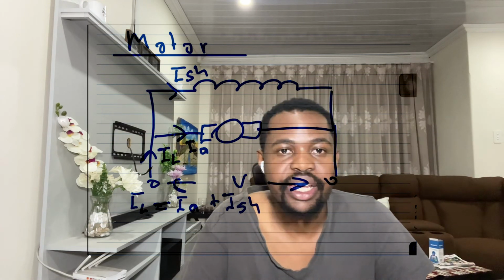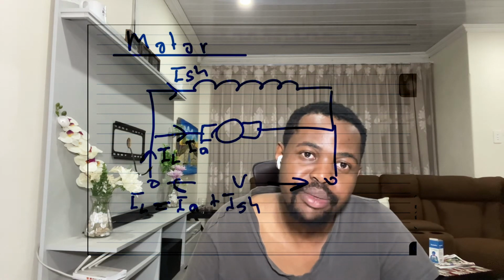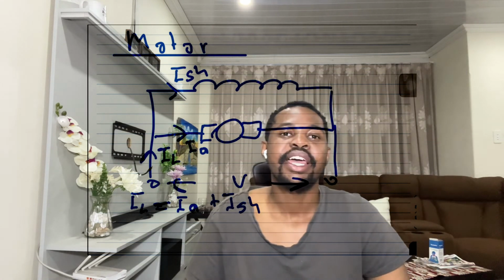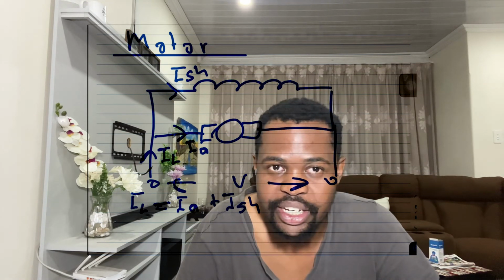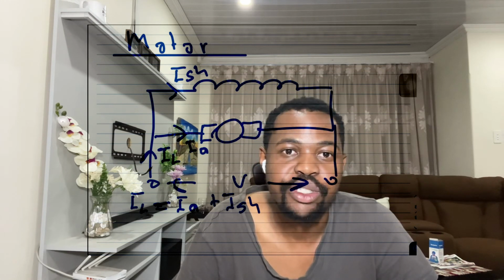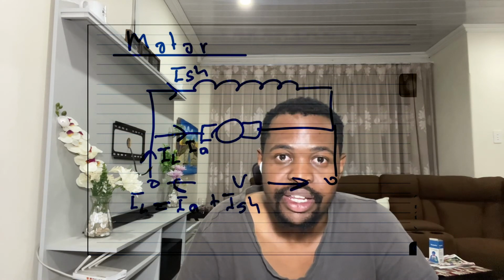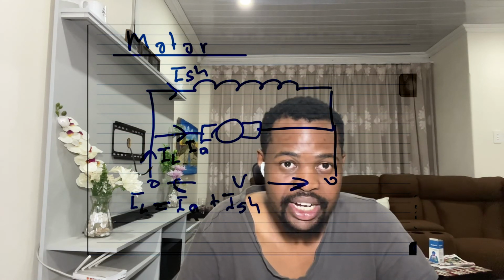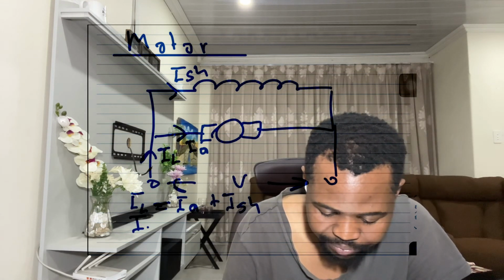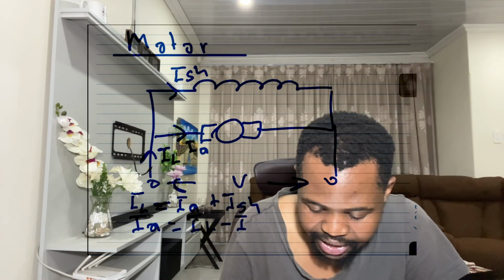So now let me make the armature current the subject of the formula, because the armature current is the one I want to calculate. Why? Because I use it to determine the EMF of a generator or a motor. So IA for the motor is equal to I load minus I shunt.